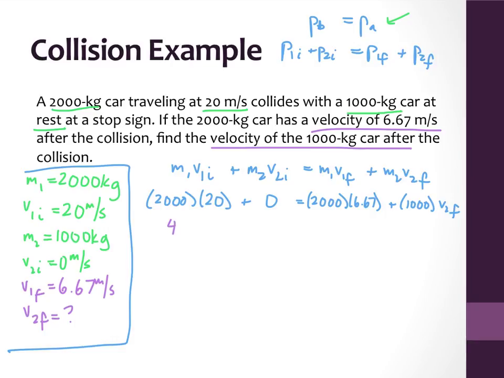2,000 times 6.67 is 13,340 plus 1,000 v2f.